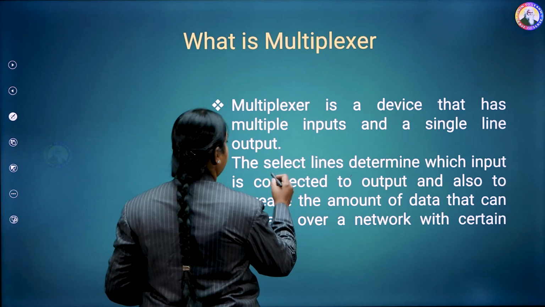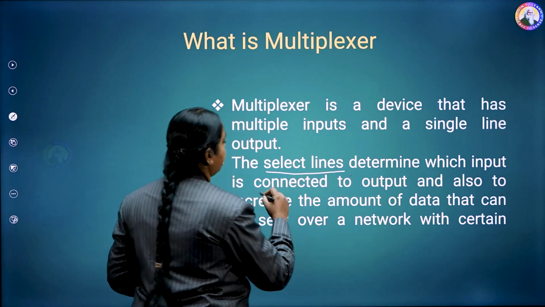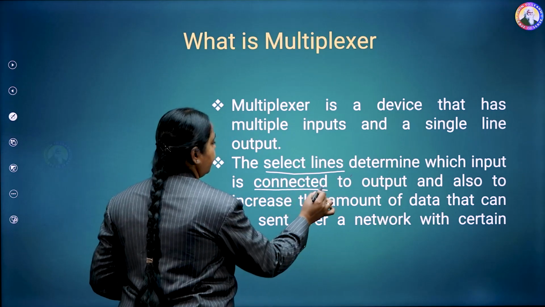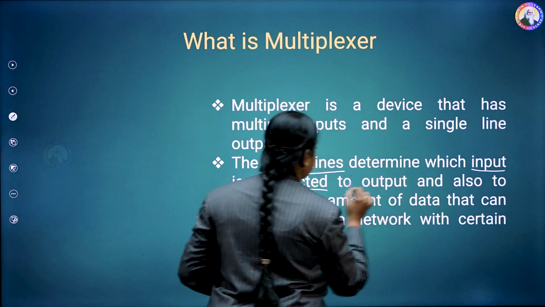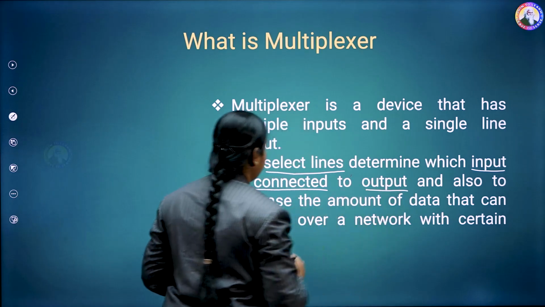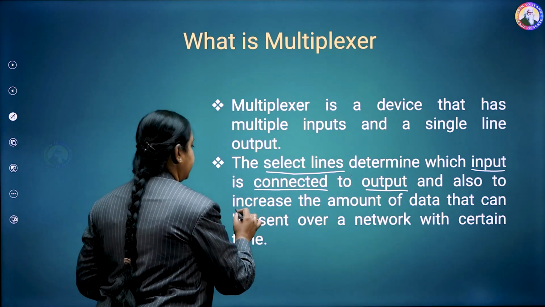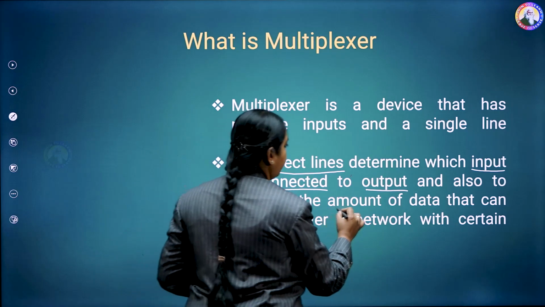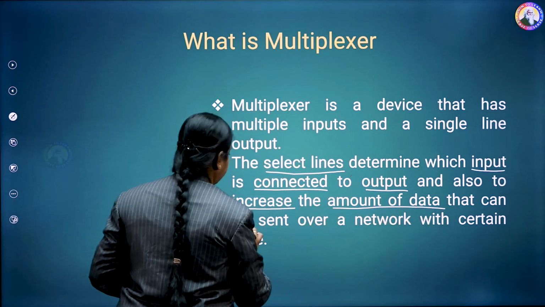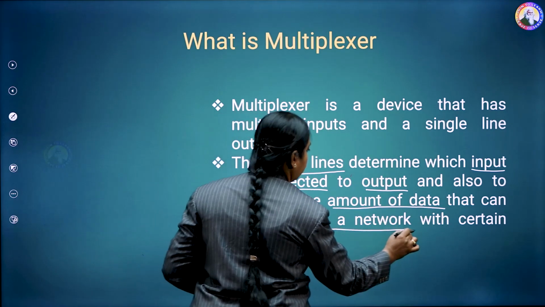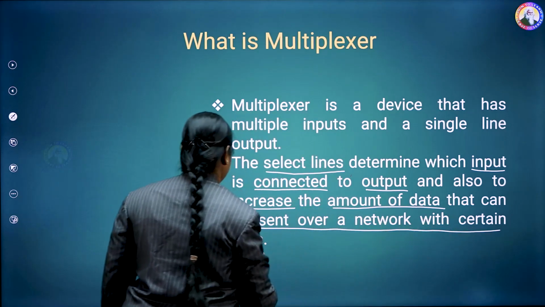The selection lines will determine which input is connected to the output, and also it increases the amount of data that can be sent over a network in a certain time.